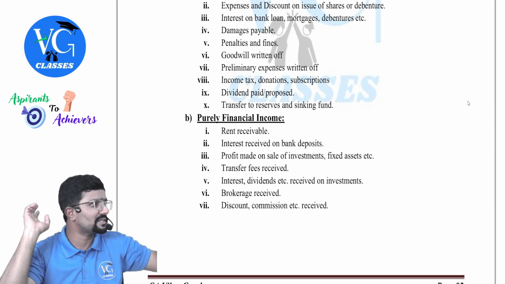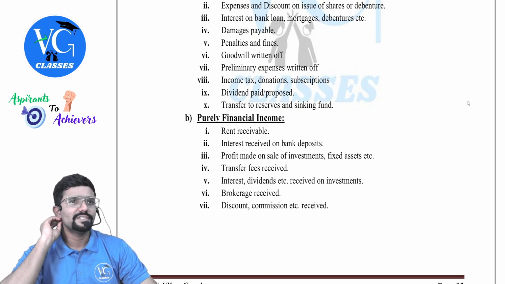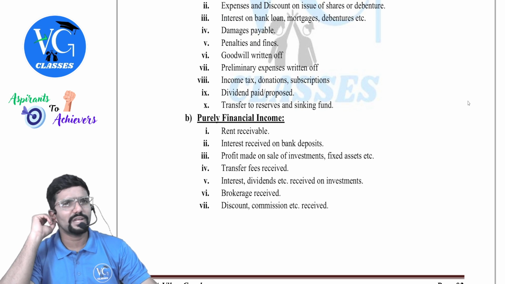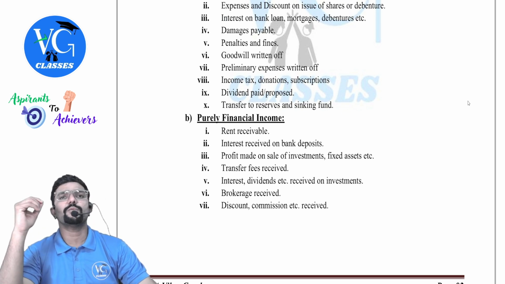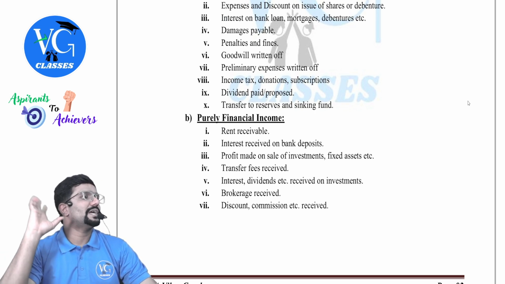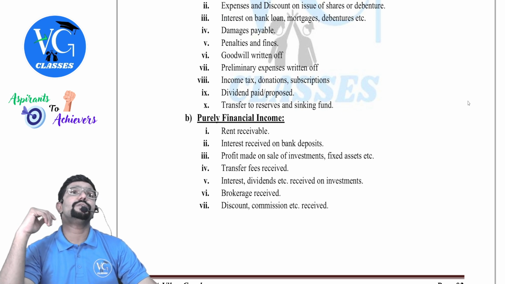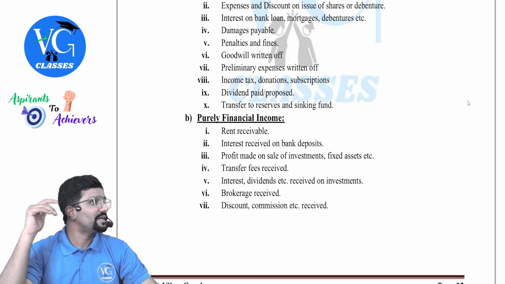If discount allowed or discount received is with respect to the product, we would have recorded it in cost records. Sir, what if it is something else not related to the product? Normally discount received and discount allowed come only with respect to the product, but if it is not related to the product, then we will record it only in financial books. For example, discount on discounting of bills.